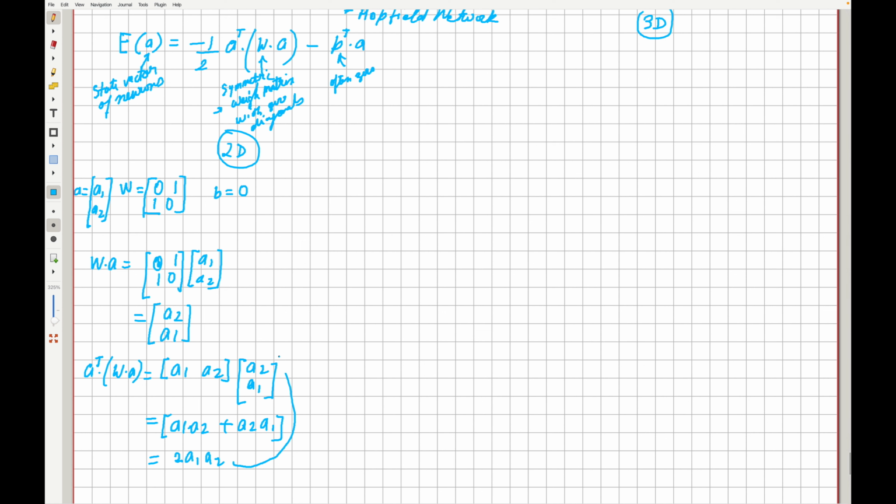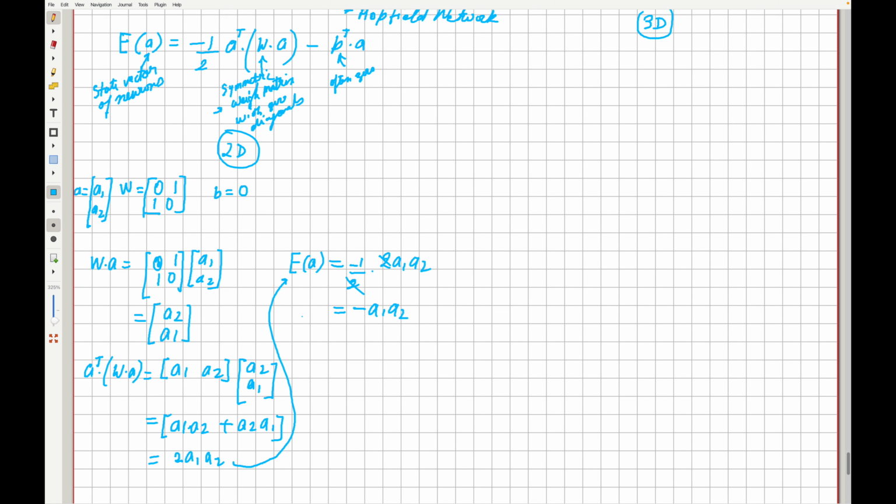This is the general equation. When we calculate E of A and plug in, we get minus 1 by 2 times 2 A1 A2, the 2s cancel out, and we get minus A1 A2.